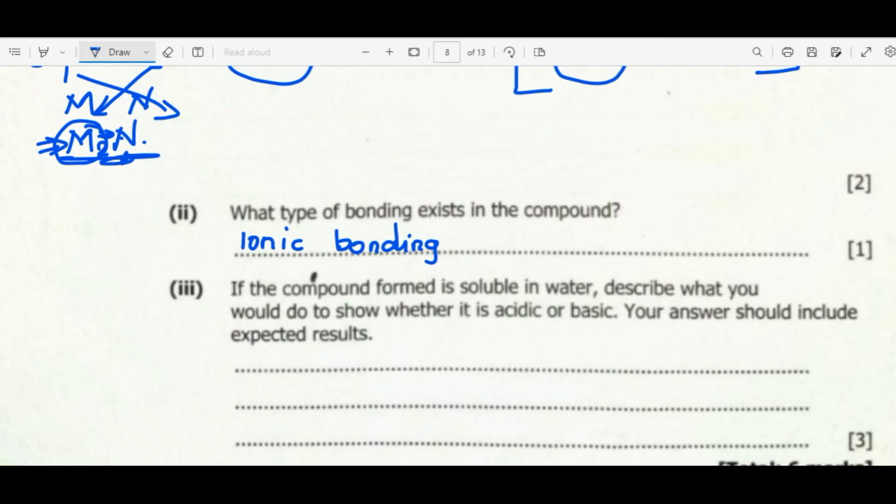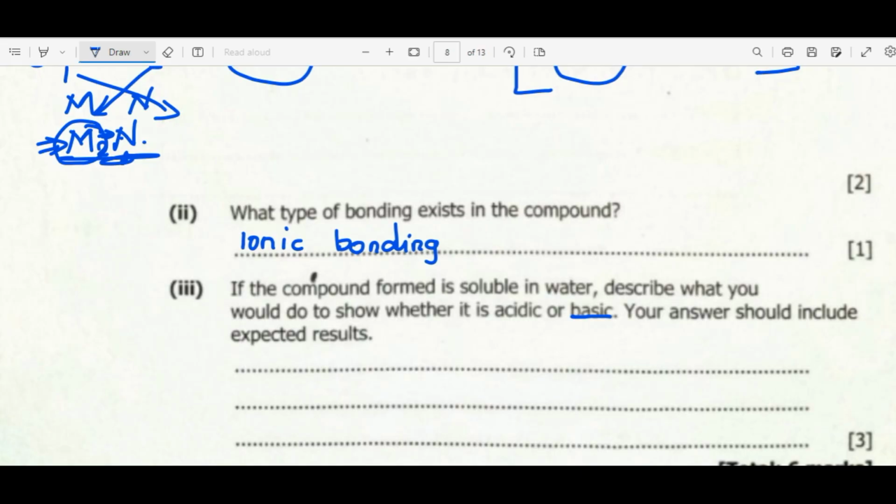This is basic. It is a basic oxide, and if this dissolves in water, we will produce sodium hydroxide.